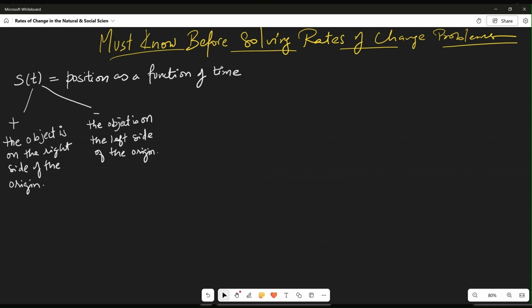Now you are going to see two other things, velocity and acceleration. Let's look at velocity now. So what is velocity? Velocity is basically how fast an object moves in a specific direction.